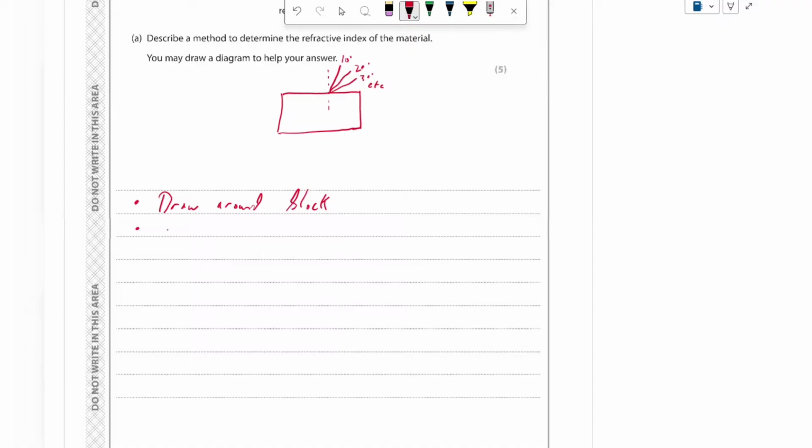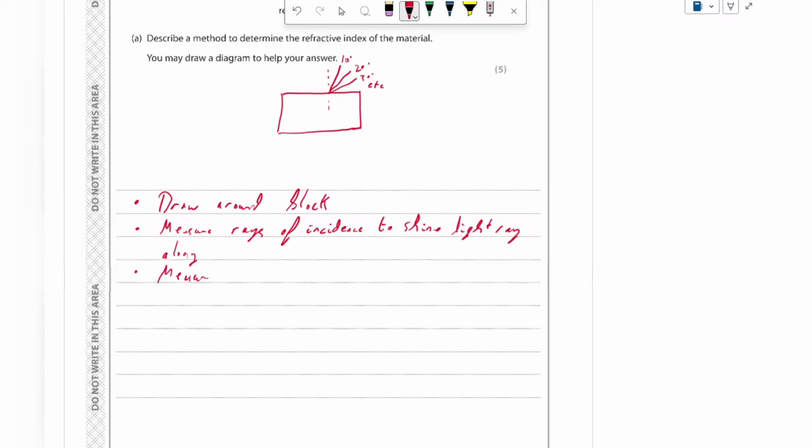Draw a round block, measure rays of incidence, shine light ray along something like this.